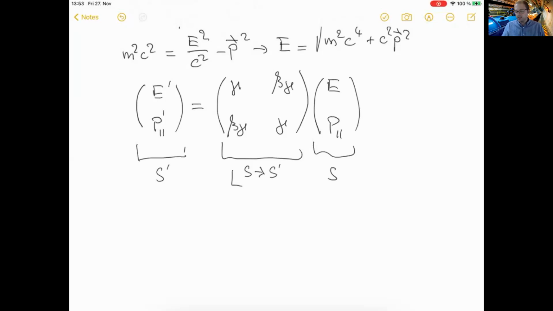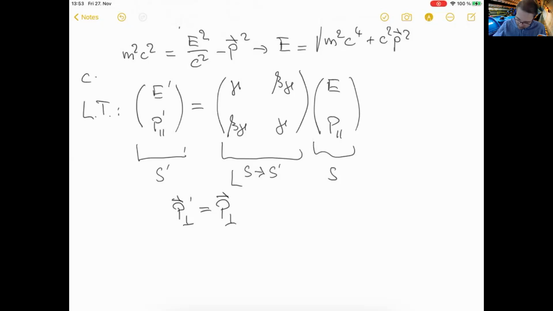P parallel means the component of the momentum parallel to the direction of the relative velocity of systems S and S prime. We know that the normal component of the momentum is unchanged. Good. So these are the formulae of how I define the Lorentz transformation.